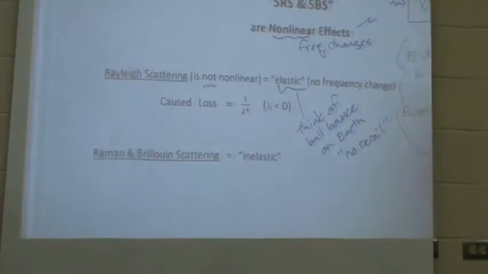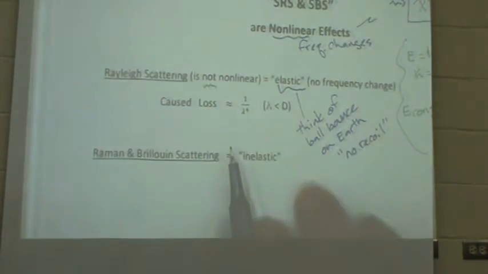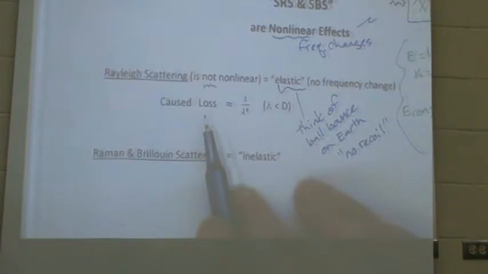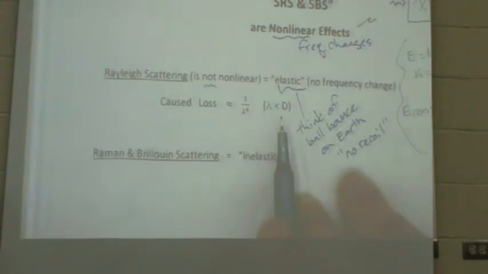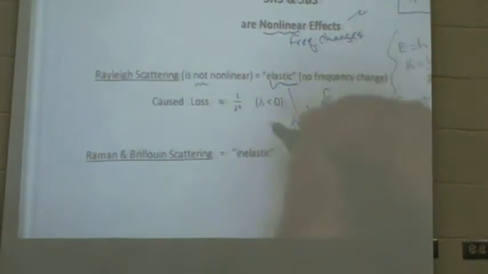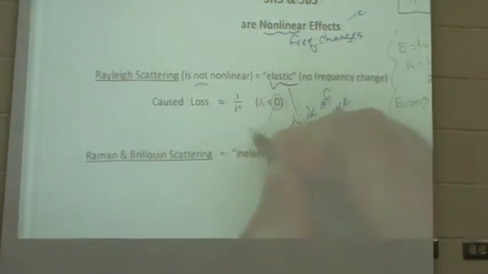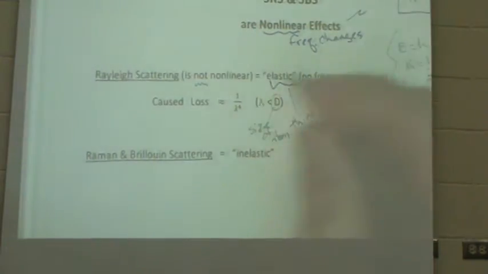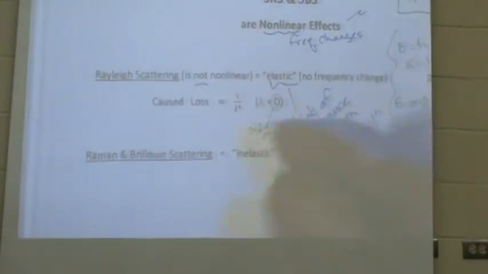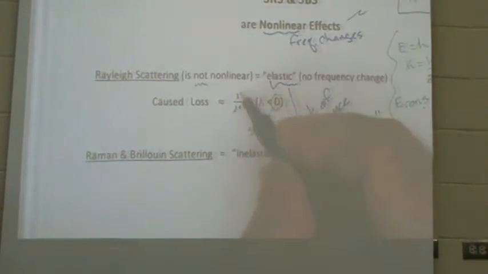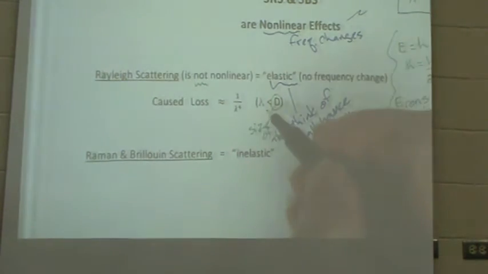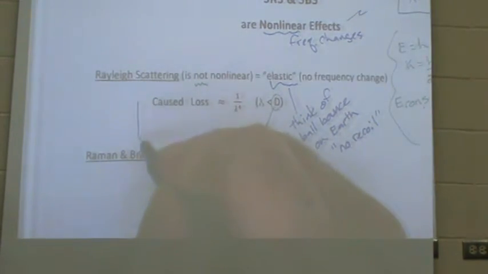Okay. Rayleigh scattering was the process by which the loss gets dominated into the UV. D here is the size of the atoms. This is the part that made it go with a very small wavelength, going into the ultraviolet.